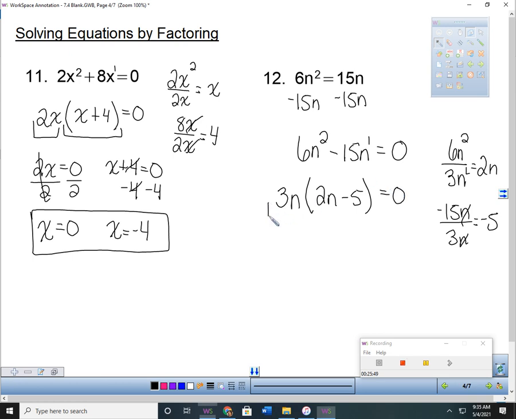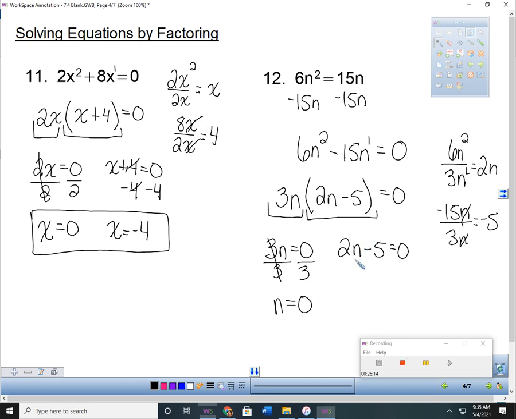So now I have 3n as my first factor, and 2n minus 5 is my second. So I will set both of those equal to 0. And I'll solve for n. So I'm going to divide by 3. 0 divided by 3 is 0.